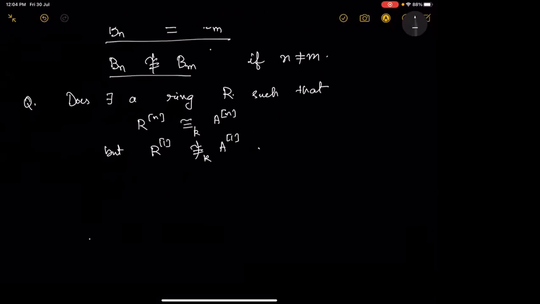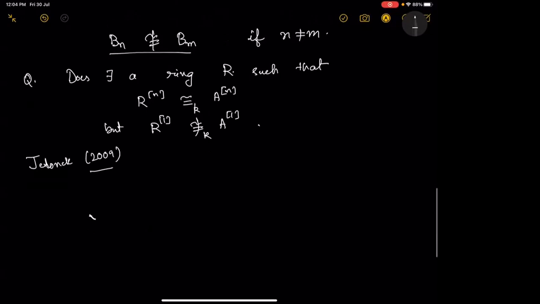And the first example which we had in this direction is due to Zelonek, and this was in 2009. He constructed examples over complex numbers, and the minimum dimension was greater than or equal to 10.